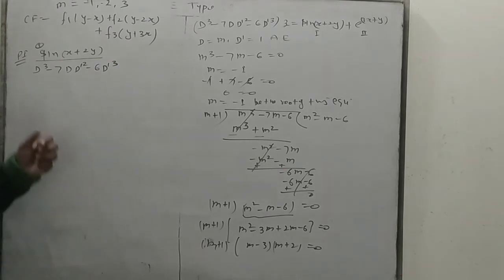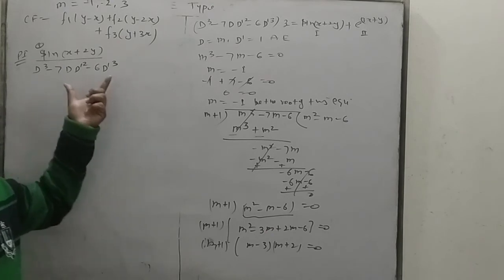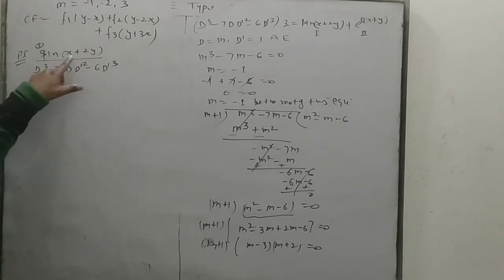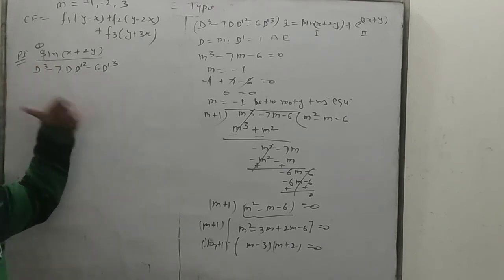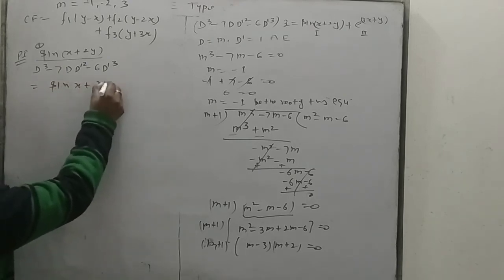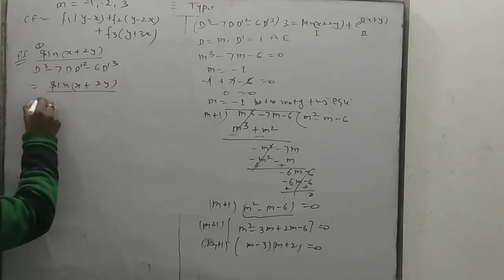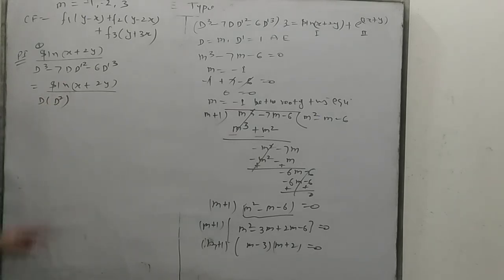We discuss the formula and method of this form: we only put the value of the x coefficient in place of D square; here D cube, we are not putting the coefficient value in place of D cube. We are making the denominator in standard form. It means sin(x plus 2y) over D cube, we write D cube as D and D square, and we put the value in place of D square.